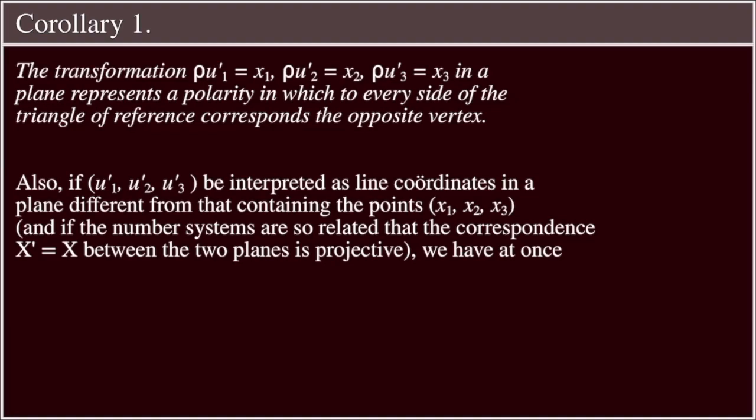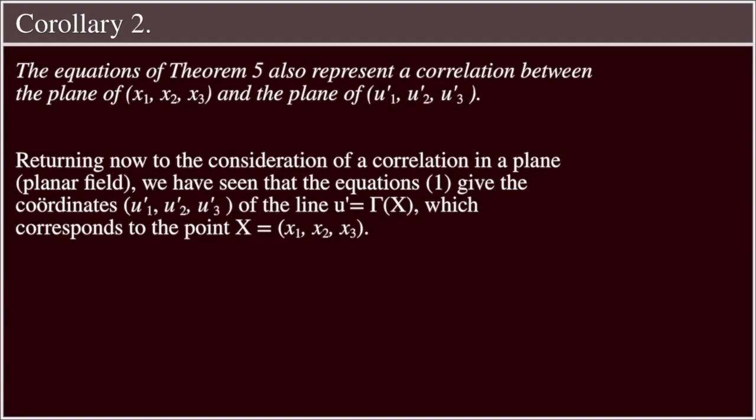Also, if u1', u2', u3' be interpreted as line coordinates in a plane different from that containing the points x1, x2, x3, and if the number systems are so related that the correspondence x' equals x between the two planes is projective, we have at once Corollary 2.